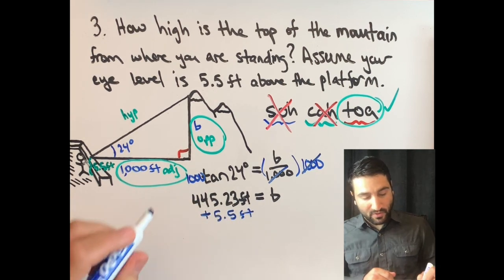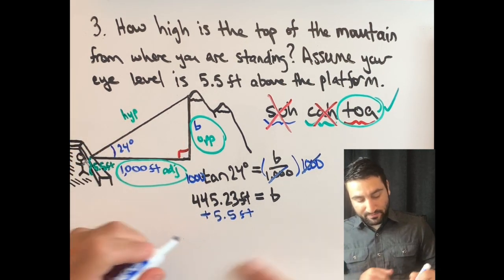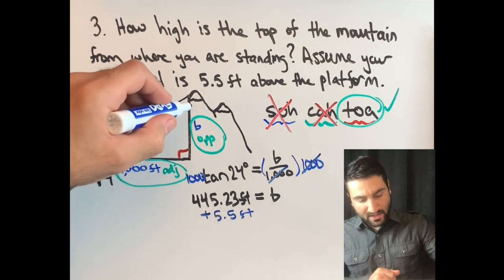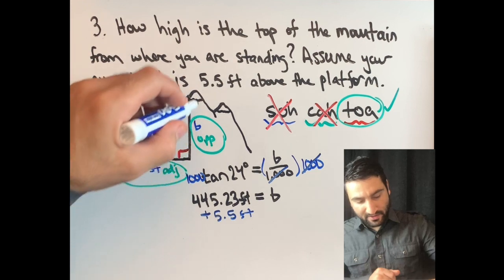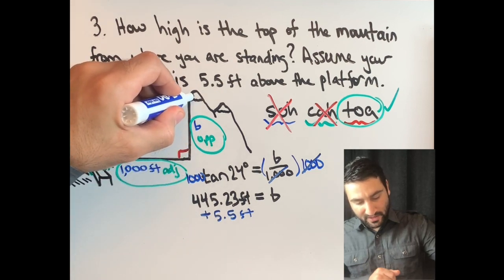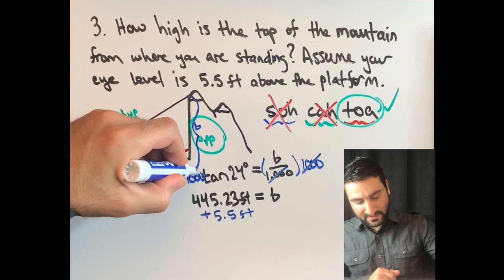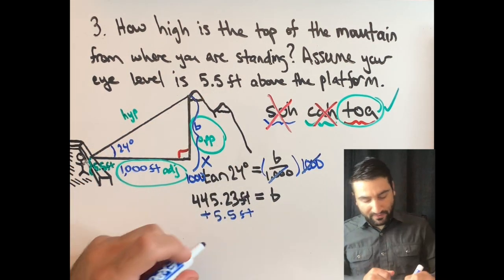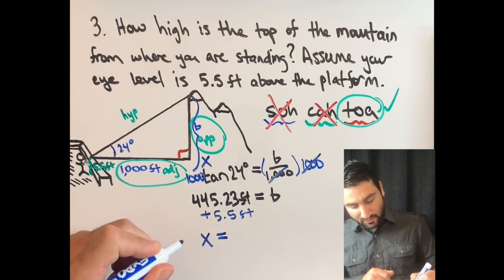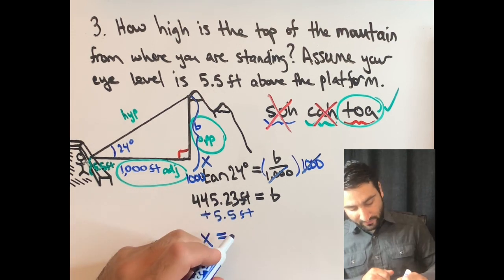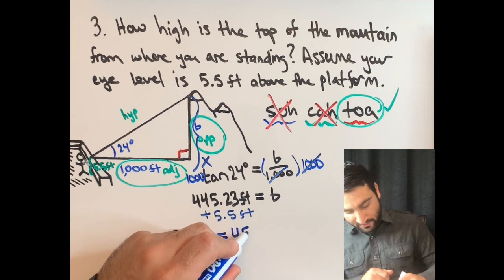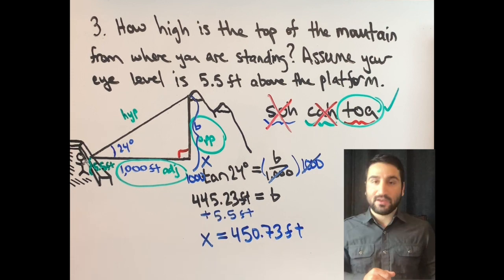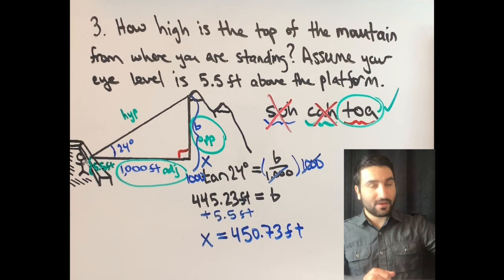Let's call the height from here to here X. So the height will be this entire portion, including the 5.5 feet. So X will equal this plus 5.5 feet, which is 450.73 feet. And that's the answer. See you in the next one.